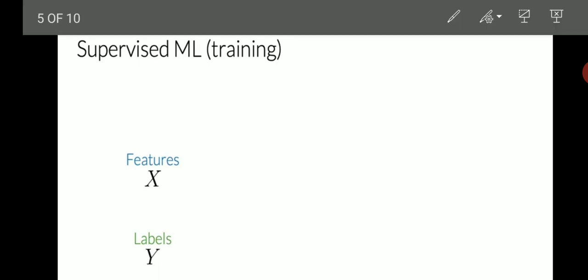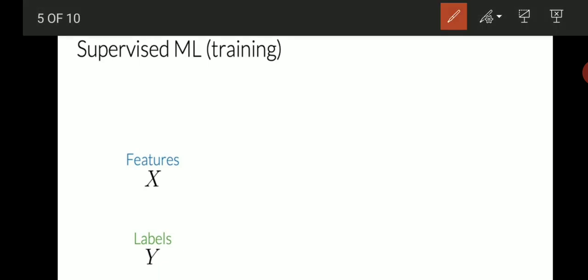So let's talk about logistic regression. Logistic regression is considered a part of supervised machine learning. So let's talk about the supervised machine learning algorithm.